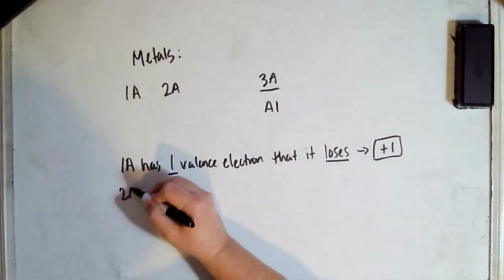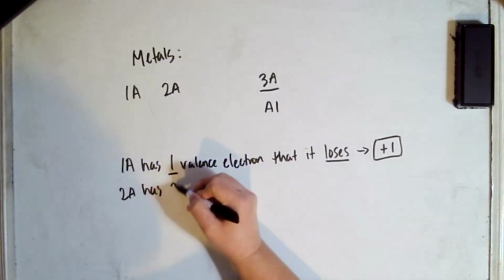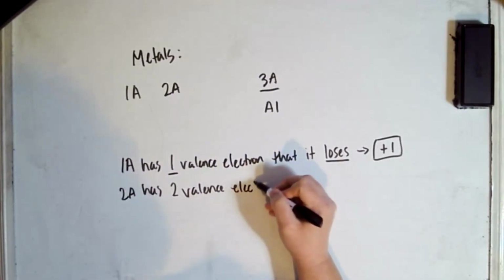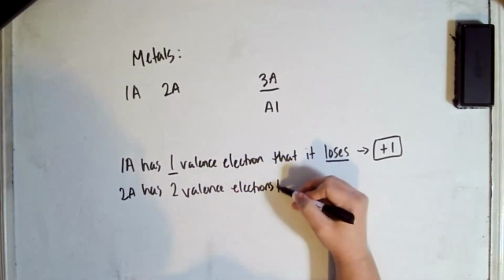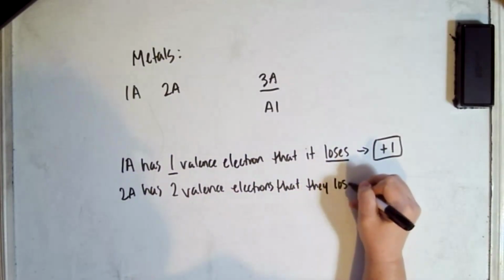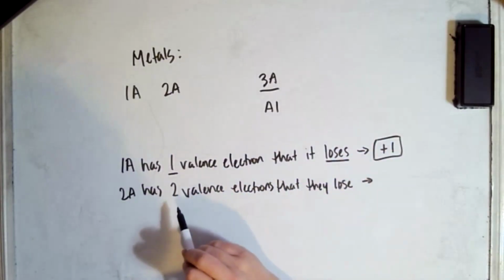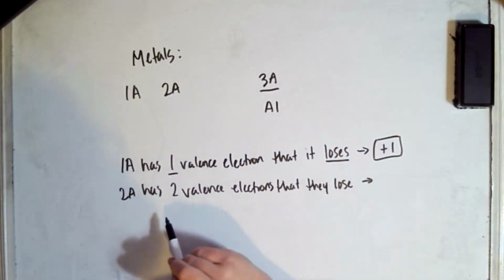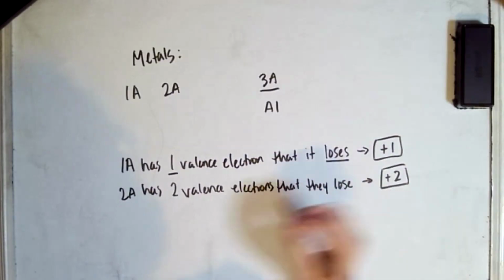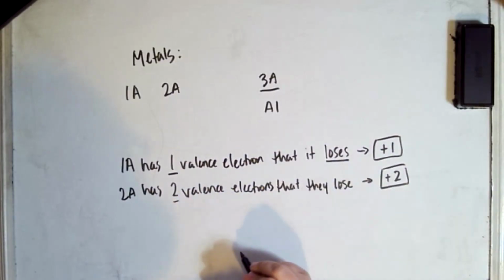Everything that's in group 2A has two valence electrons that they lose. So all of your metals that are in group 2A are going to have a +2 charge because they're going to lose two valence electrons.